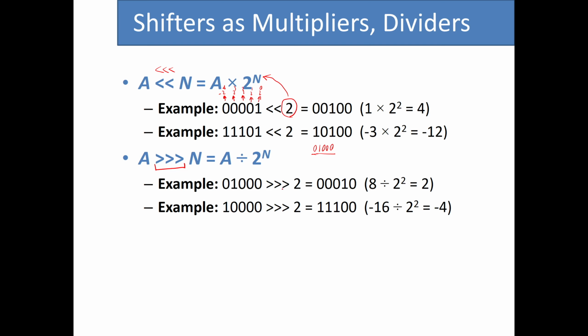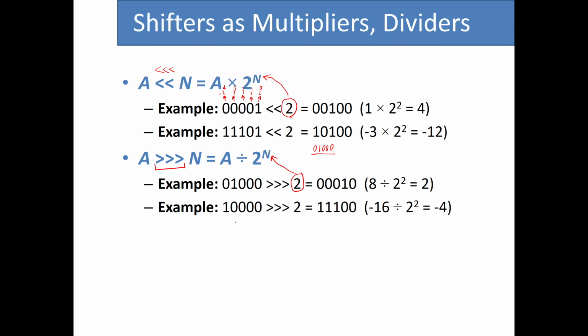So if you right shift a number by a certain number of bits, that is equivalent to dividing it by a factor of 2 to the power of the number of places that you shift. So we have 8, we arithmetically right shifted 2 places, and now we have 2.